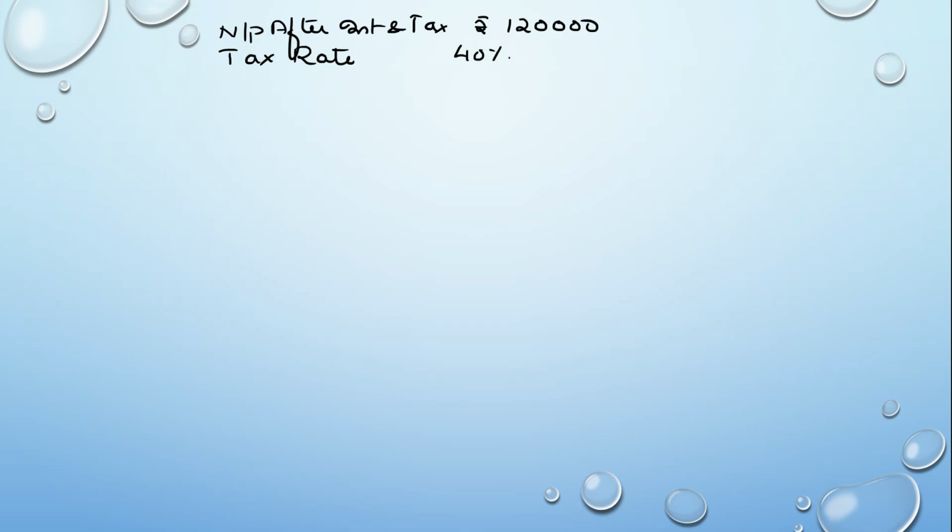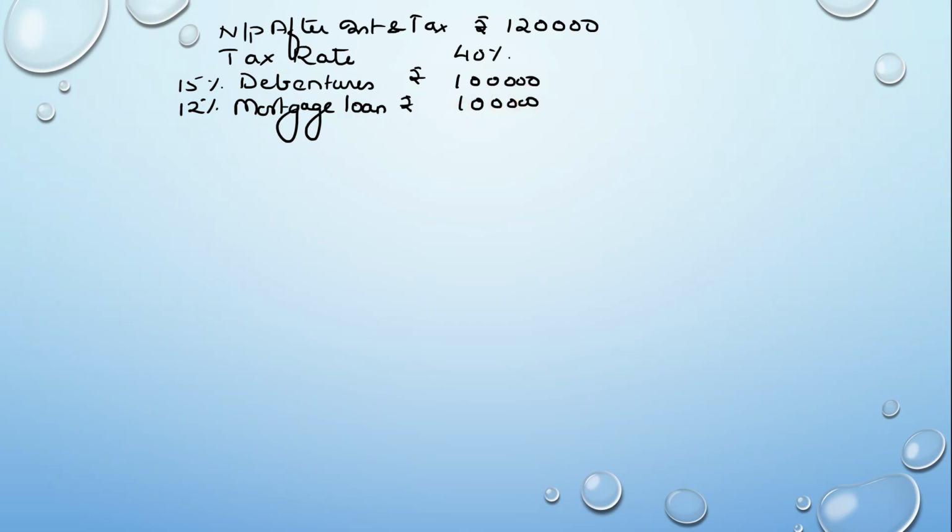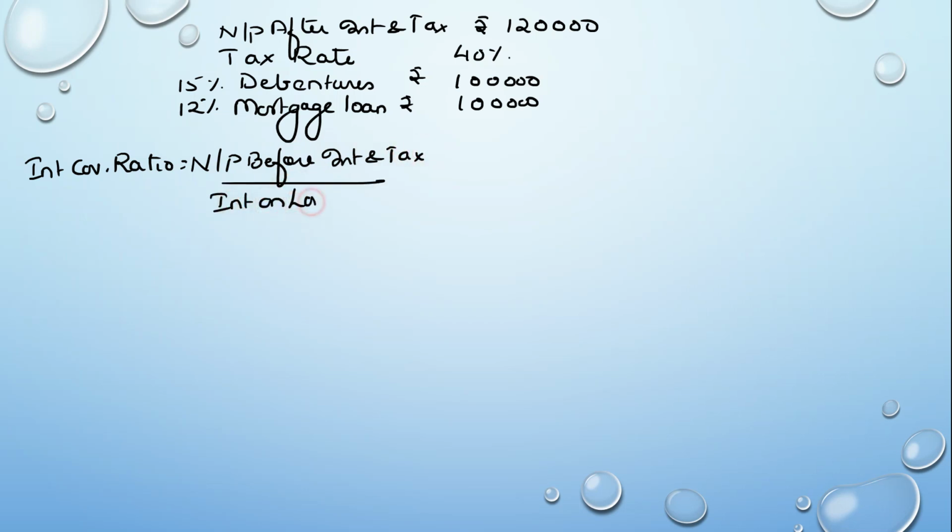And they've given us that there were 15% debentures, which was rupees 1 lakh, and there was 12% mortgage loan, that is rupees 1 lakh. So now with this information, let's start. Interest coverage ratio formula is net profit before interest and tax divided by interest on long-term debt.